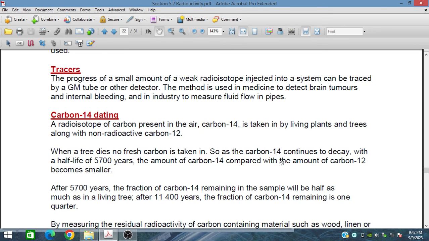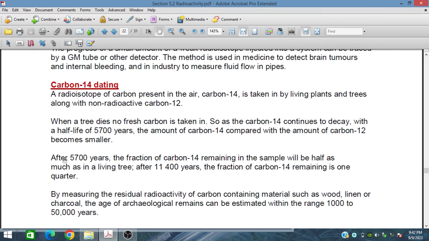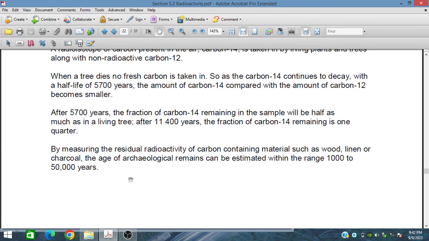So the carbon-14 continues to decay, with a half-life of 5700 years, and the amount of carbon-14 compared with the amount of carbon-12 becomes smaller. After 5700 years, its fraction will be half, and after 2 half-lives, that is 11,400 years, its fraction will be 1/4, or a quarter.